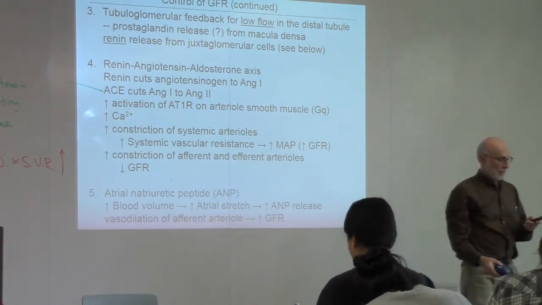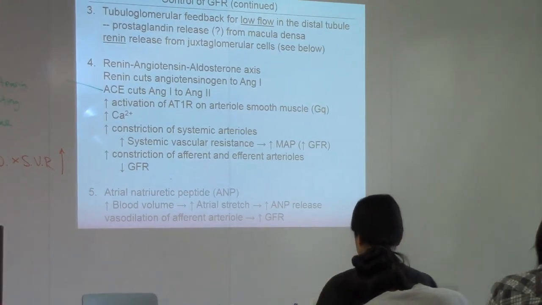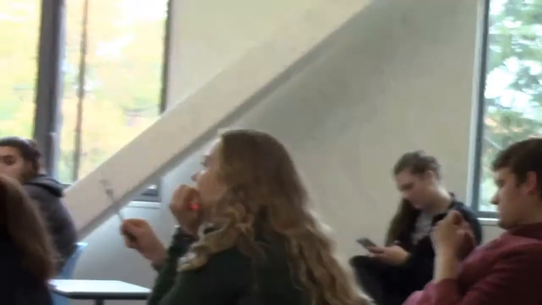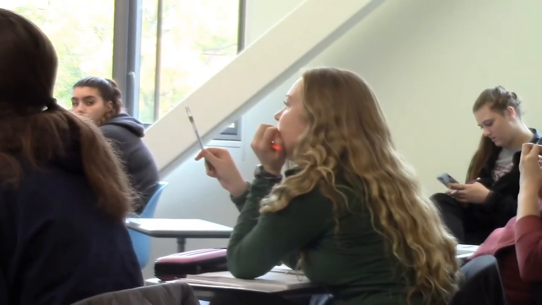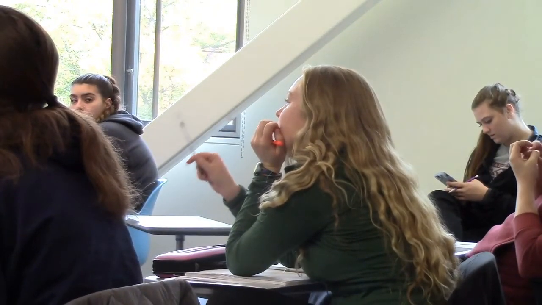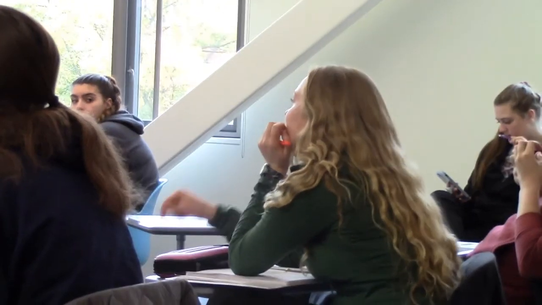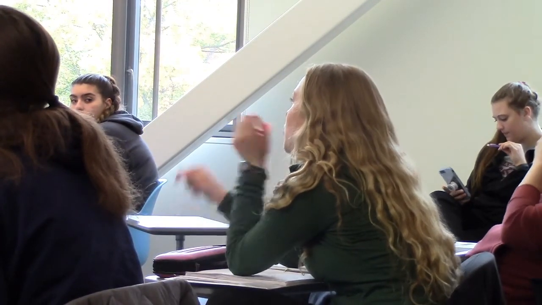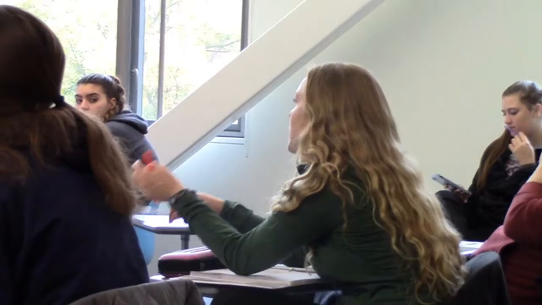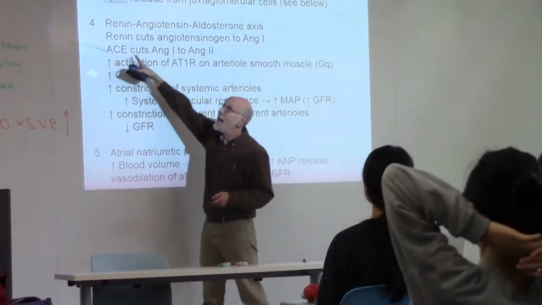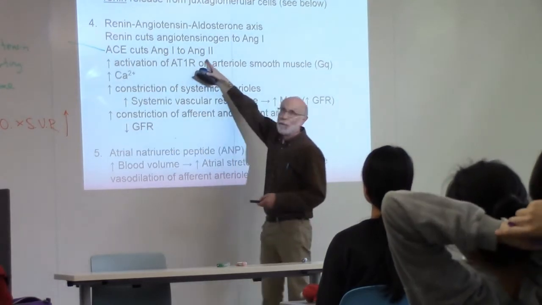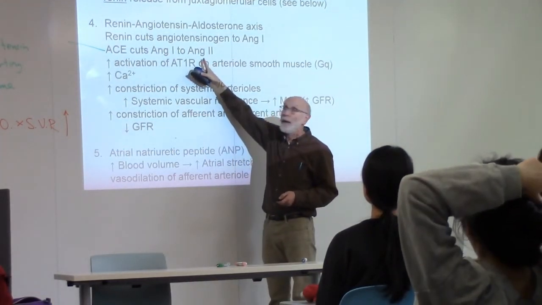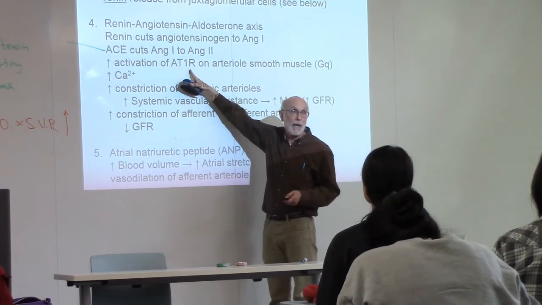but it's important. Morgan? So, just to clarify, angiotensin 1 is cut to angiotensin 2, and it activates the angiotensin 1 receptors, but... No, angiotensin 1 is a peptide that is cut by ACE to form angiotensin 2. Right. Angiotensin 2 activates the receptor.